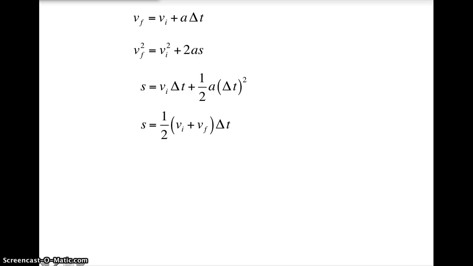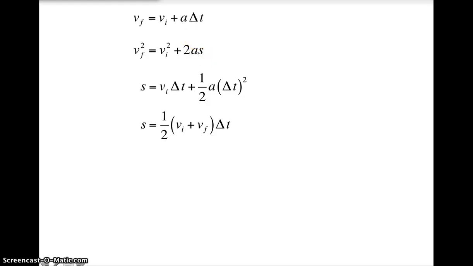When we're talking about linear acceleration, we have equations that we can use to describe the motion of the object. S is the displacement, VI is the initial velocity, VF the final velocity, delta t is how much time has passed, and lastly, A is the acceleration.